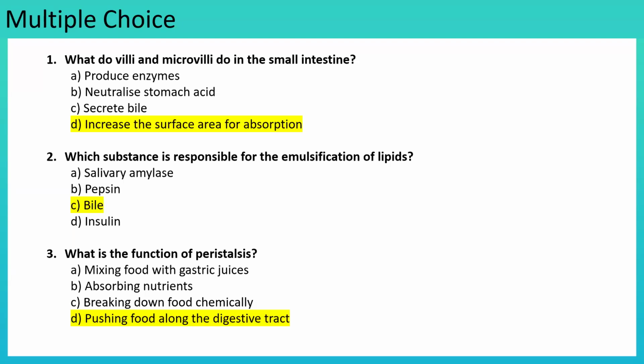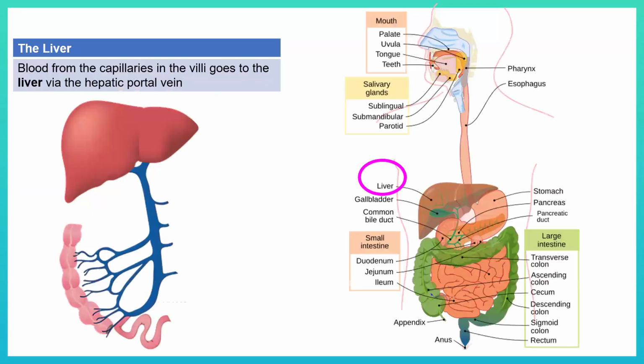Okay, so next I'm just going to quickly recap last session, because I feel like we're partway through the journey from our mouth. What we talked about last session is ingestion. We put the food into our mouth. The chewing process will increase the surface area of the food.